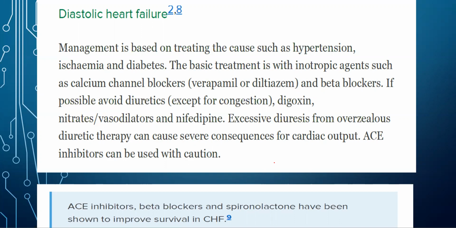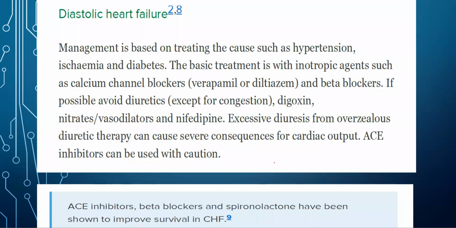Digoxin is no longer first line management. It was used before, but try not to use digoxin if you don't need it. Digoxin is only used nowadays if someone has atrial fibrillation and that's causing heart failure. There is an indication for using digoxin, but again, it's not the first line.